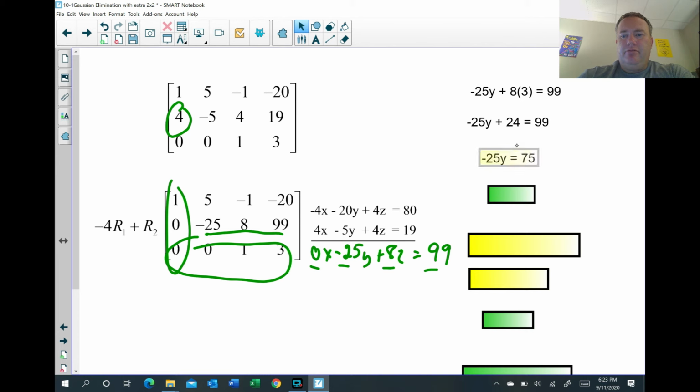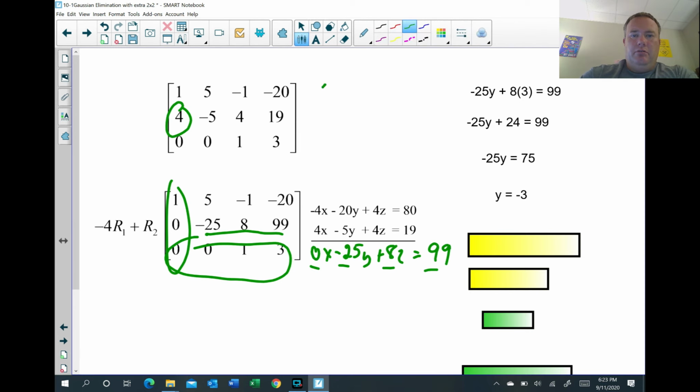Add negative 24 to both sides. Now we have negative 25y is equal to 75. Divided by negative 25, you get y is equal to negative 3. So at this point, you know that y is negative 3. You know that z is 3.